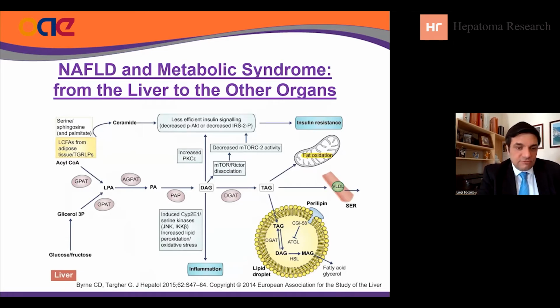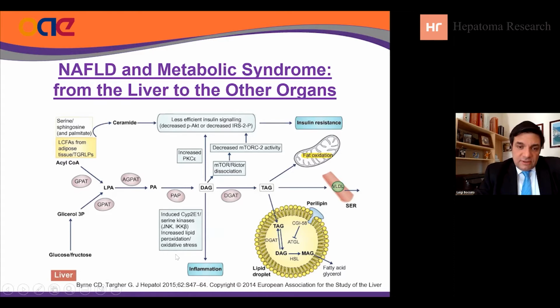As we saw before, there is a series of comorbidities, of disorders, that can be detected in individuals suffering with NAFLD. And this is a summary of the possible pathogenic interactions where we have disruption of the lipid metabolism starting from the liver and then spreading towards mostly two main mechanisms: the generation of insulin resistance that starts in the liver and then spreads to the other organs, and the induction of inflammation.